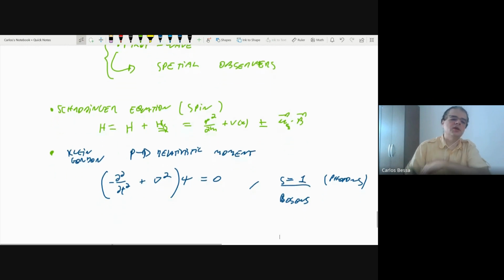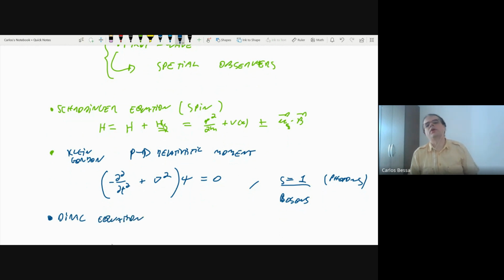And the other is the Dirac equation. But I'm still in the Copenhagen interpretation. This works for half-integer spin, so this works for electrons. In the Schrödinger equation, you put an extra postulate, but you can explain just some cases.